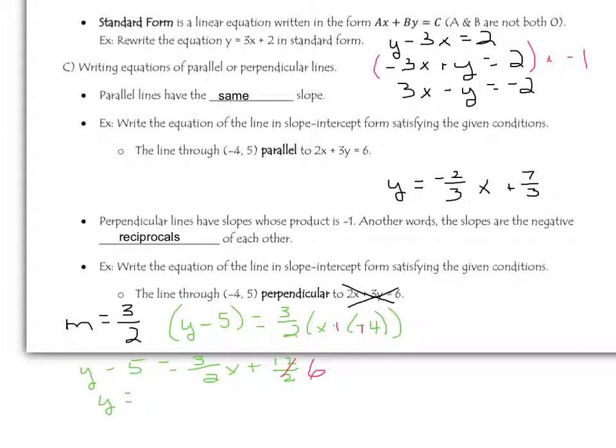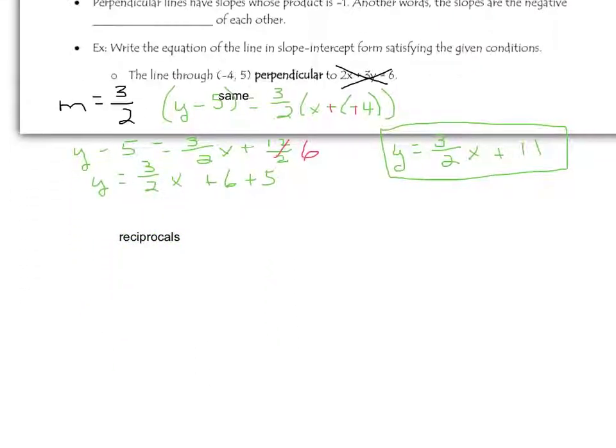Now let's move 5 over by adding 5 to both sides, and we have y equals 3/2 x plus 6 plus 5. So our final equation is going to be y equals 3/2 x plus 11. I'm going to move this up to make sure you can see it. I'm going to get rid of these.